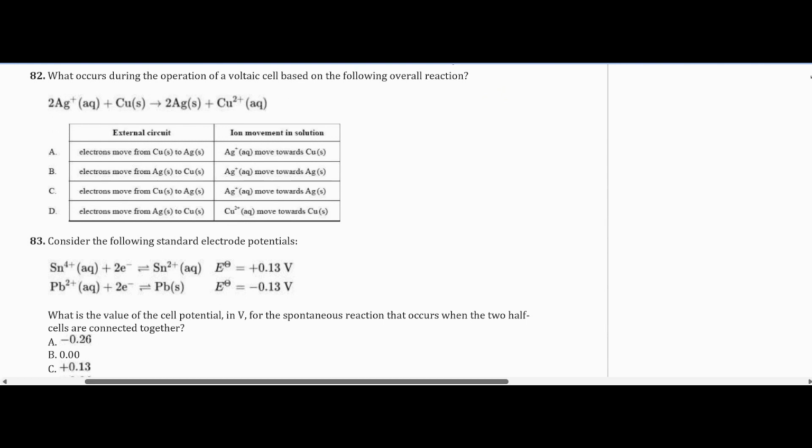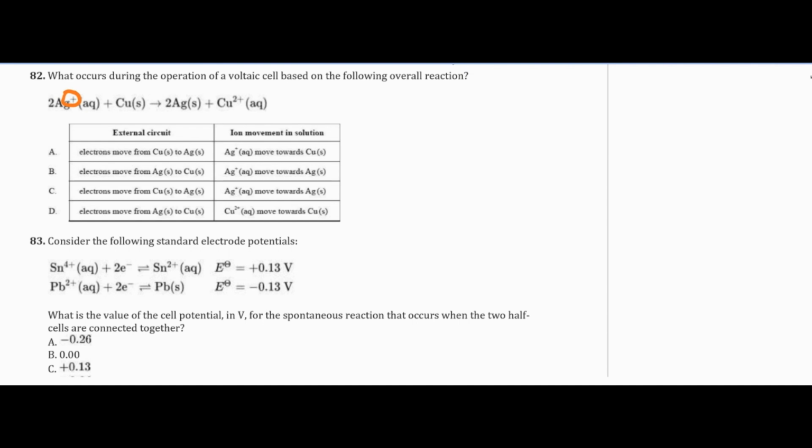82. What occurs during the operation of a voltaic cell based on the following overall reaction? Okay, so the silver is getting reduced. It's going from a +1 to a 0 oxidation state.